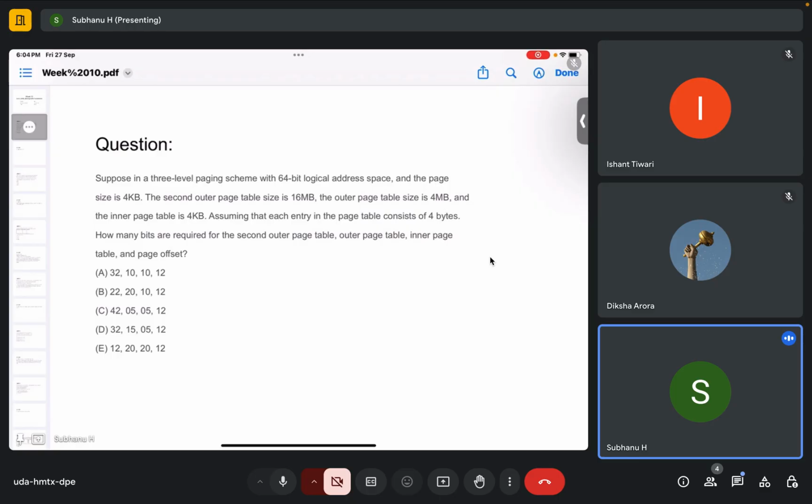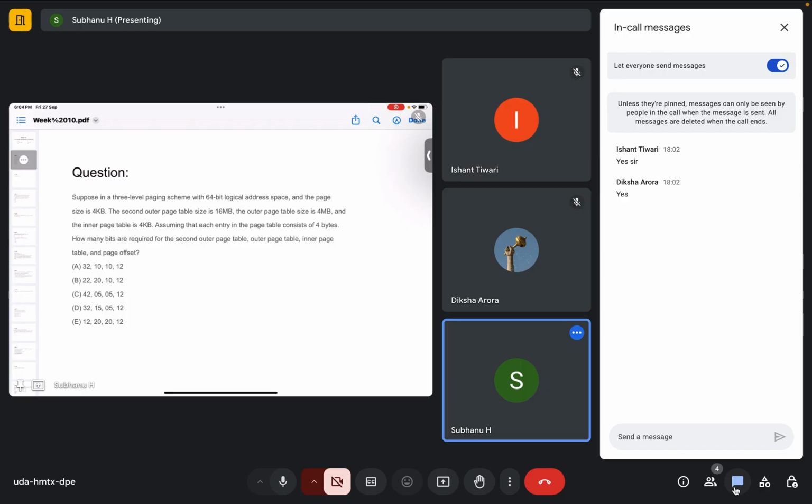Do you know why there is a need of multi-level paging? Because it is difficult to store such a huge page table in the memory.